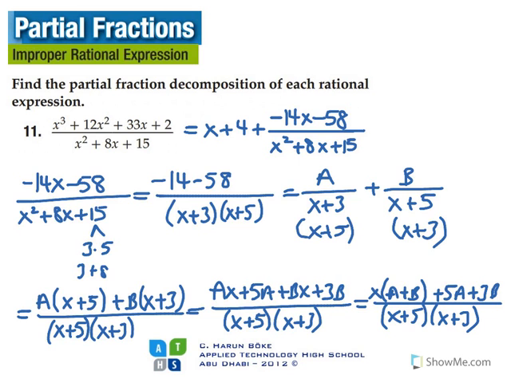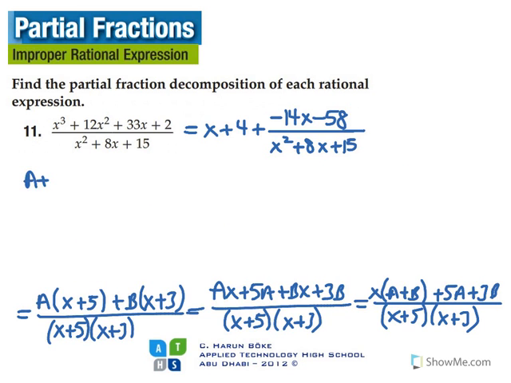So I can write my system of equations. A plus b will be minus 14, whereas 5a plus 3b will be minus 58.